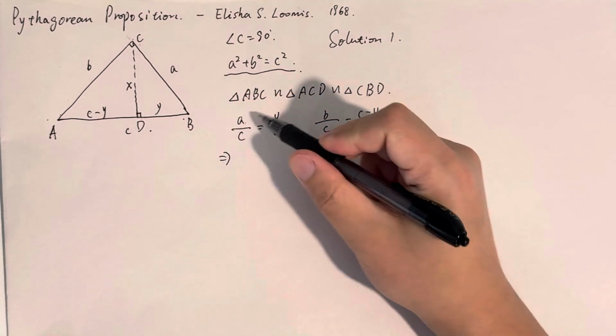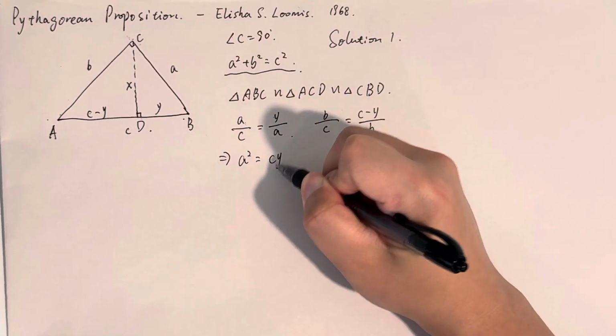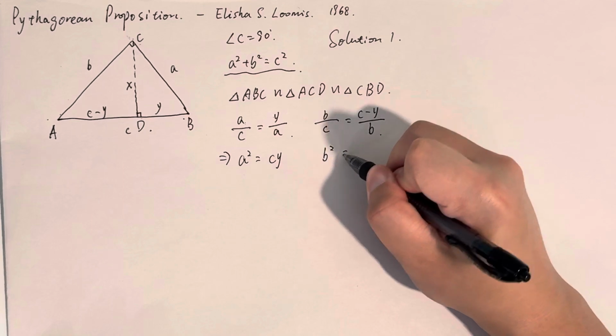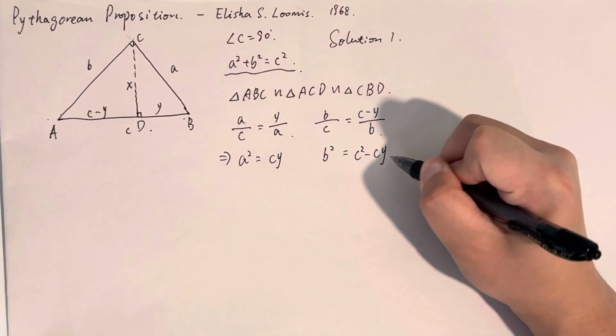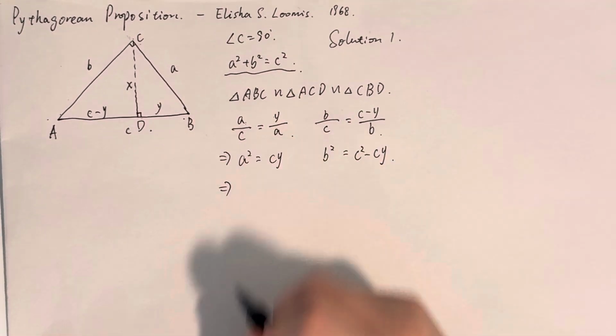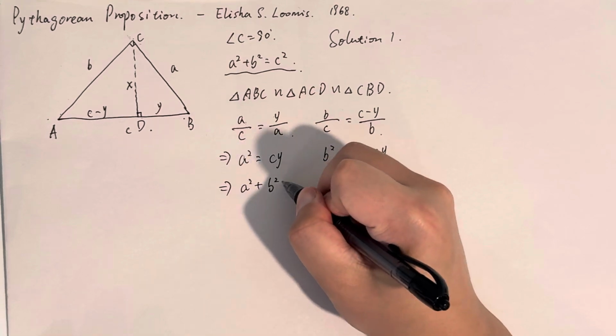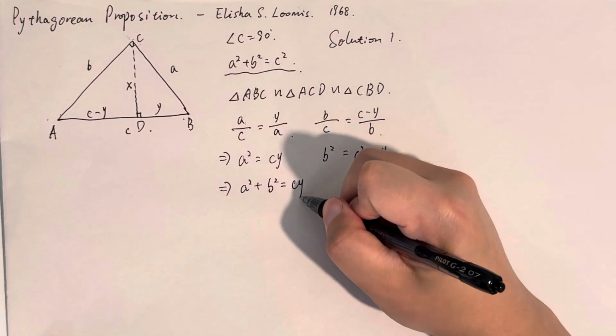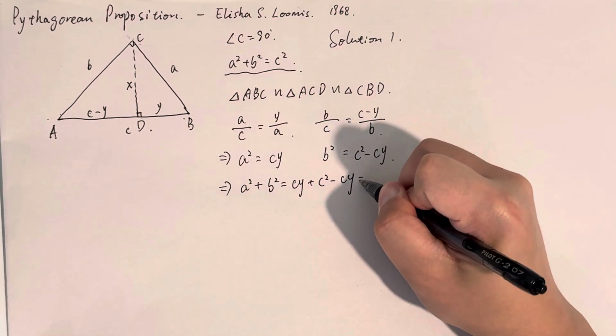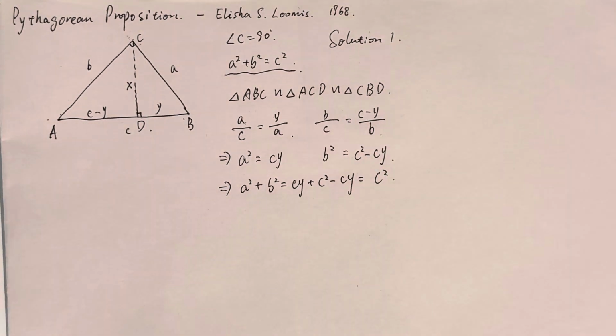Which means we have a squared equals cy and b squared equals c squared minus cy. Which means a squared plus b squared equals cy plus c squared minus cy, which equals c squared.